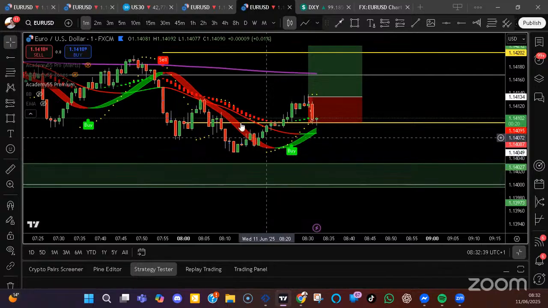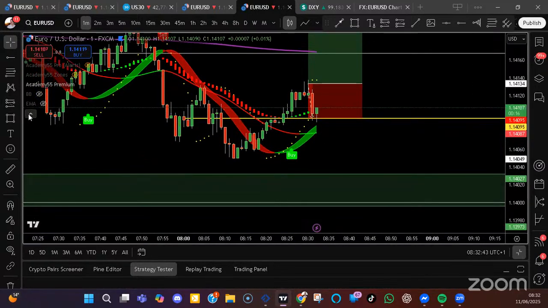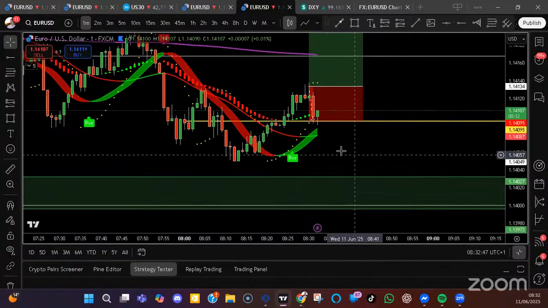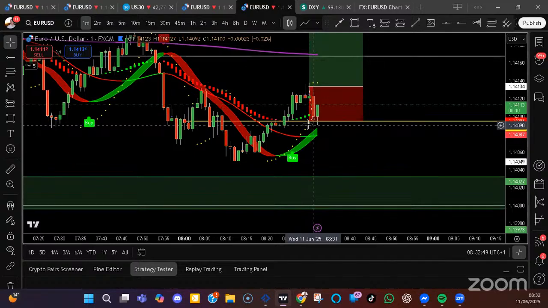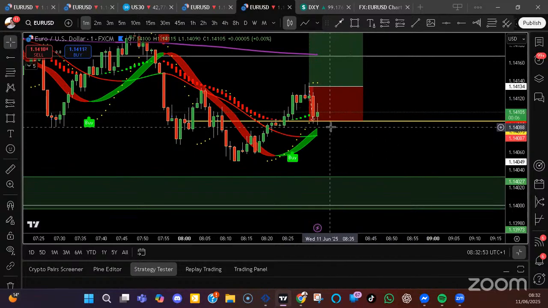So as you can see, this is the buy zone here. Didn't work out for us. Just got taken out by a few pips. Not even a few pips, actually, a few hundredths of a pip. But out is out.